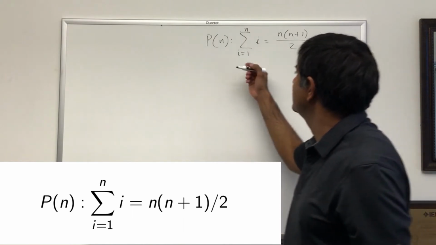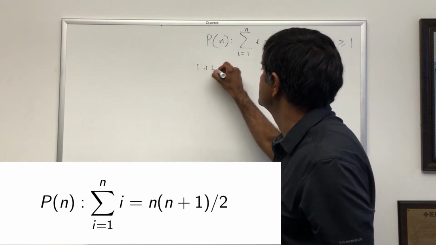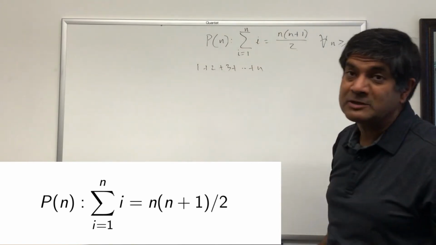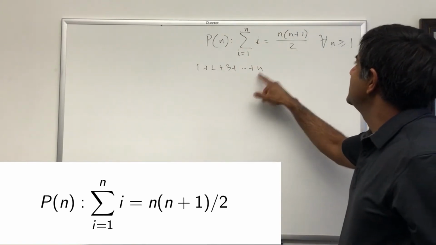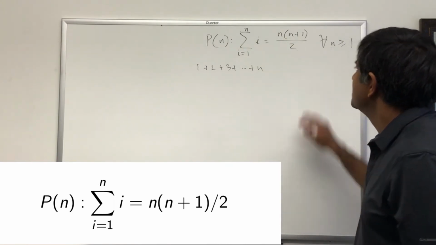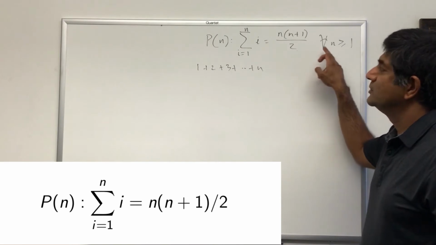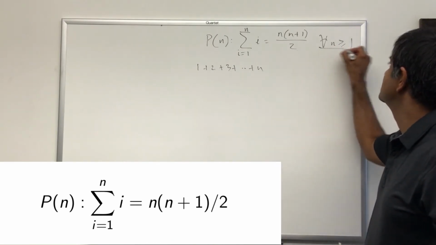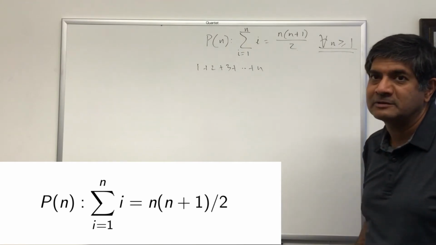So the left-hand side is equivalent to 1 plus 2 plus 3 all the way up to n. This is summation notation. We're saying that this is equal to n times n plus 1 over 2. And the claim is that this is true for all values of n greater than or equal to 1. Okay, so that's what we have here.